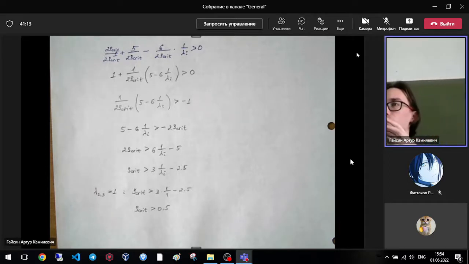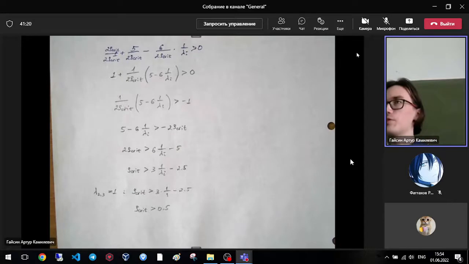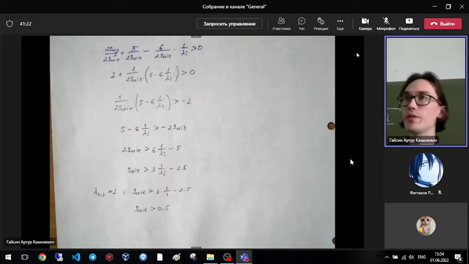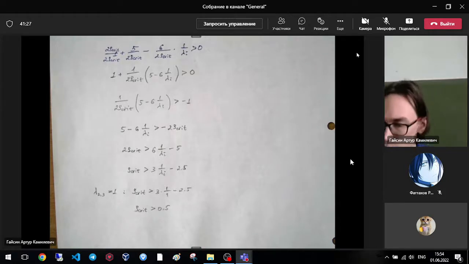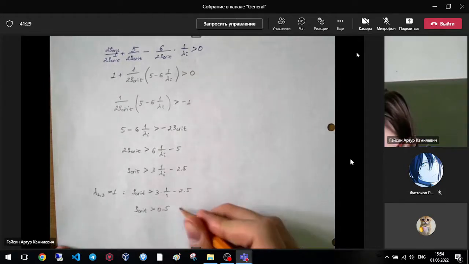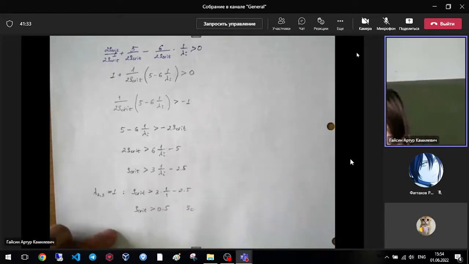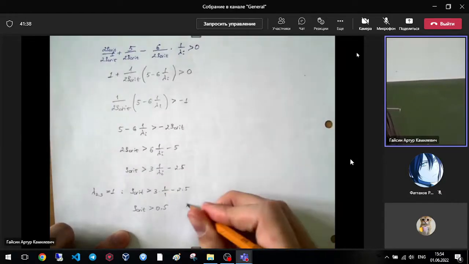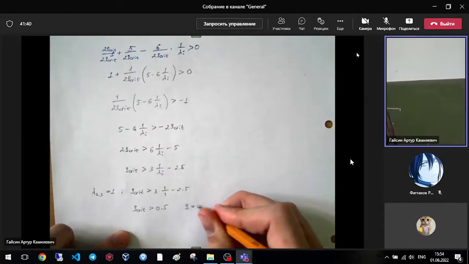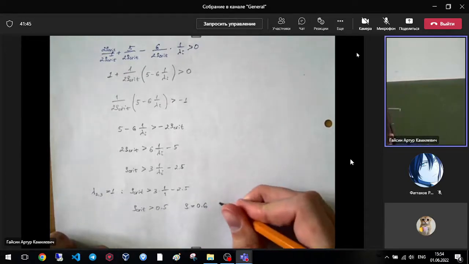So the critical one, when we turn off our second and third, it is 0.5. But if we increase, for example, 0.6, let's write only just as rho. So if we assume that our rho is equal to 0.6, we will turn on the second and third data streams.